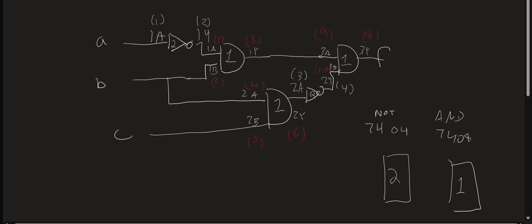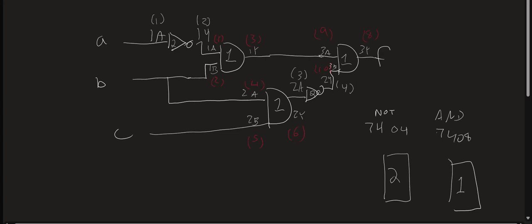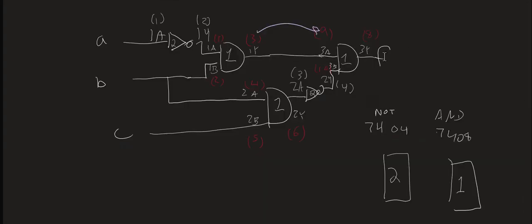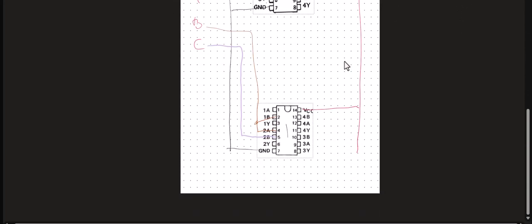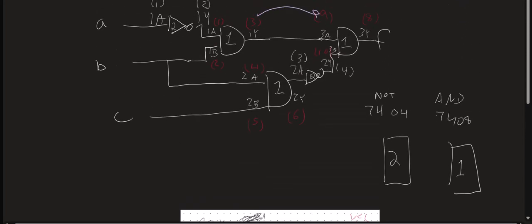And then from chip 1 we had pin 3 goes to pin 9, and pin 6 goes to pin 3 of the other chip.